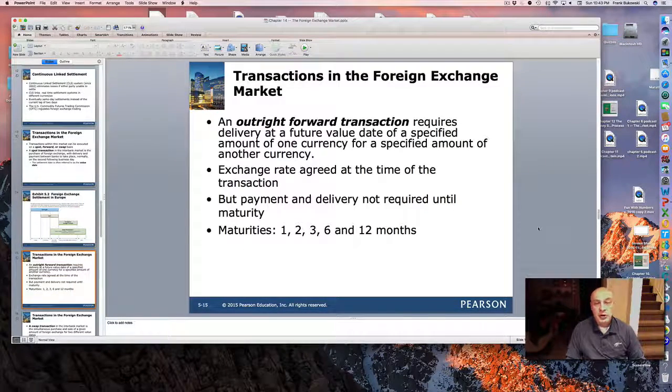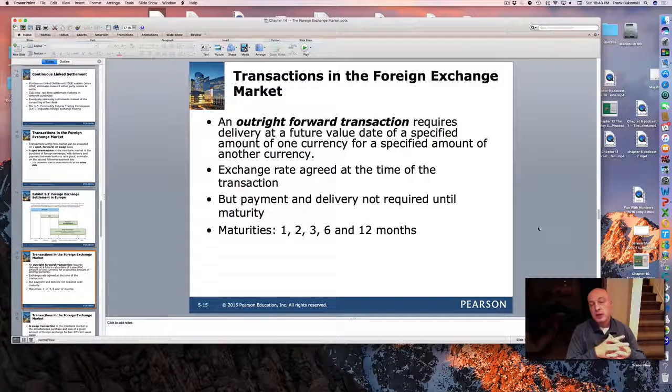Okay, so the next transaction we'll look at is an outright forward transaction. Again, this is where there will be a delivery of that currency at a future value date for a specified amount of another currency. So we enter into the transaction today to buy or sell foreign exchange, and that will take place at some future date.